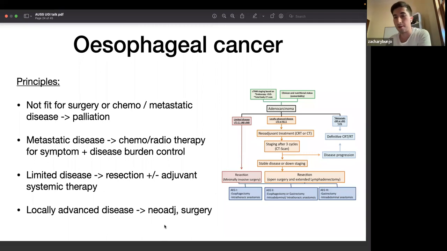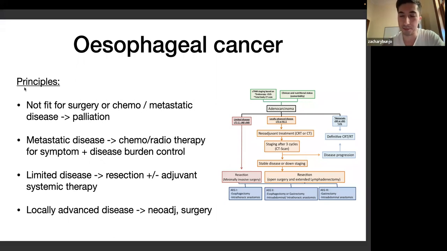So that's chemotherapy delivered before surgery, and the aim there is to hopefully downstage disease, shrink the tumor to some extent, and increase the chances of a good outcome from surgery. So just have these broad principles in your mind in terms of how you manage these patients, and a lot of these overlap with gastric cancer management.